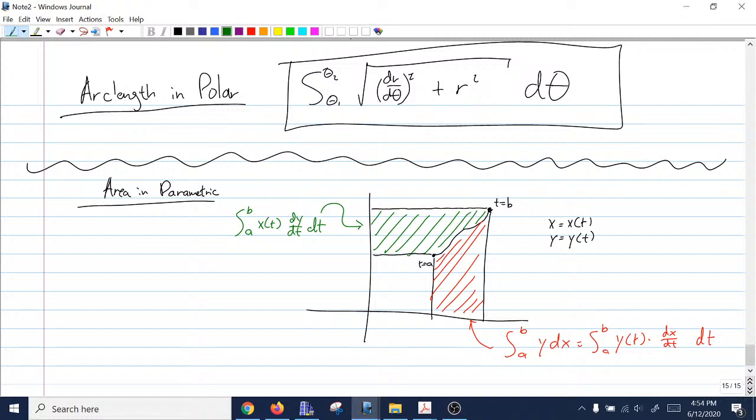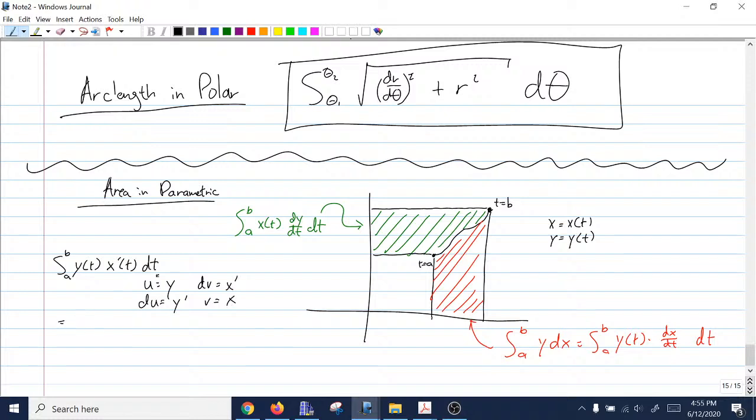Hey, I think it is worth noticing the integral by parts formula. The integral of y of t times x prime of t dt from a to b. According to integration by parts, if I use u equals y and dv is x prime, then du is y prime, and v is x.